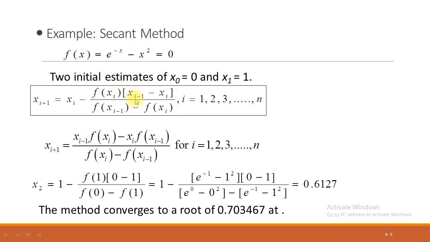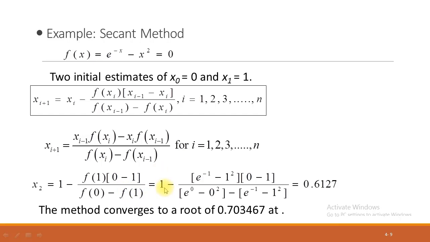Now for i is equal to 1, this will be x0, the value of x0 is 0 and the value of x1 is 1, divided by f of xi minus 1, which is x0 and the value of x0 is 0, so calculate the function at 0, and this term will be f of x1. The value of x1 is 1, so calculate the function at 1.